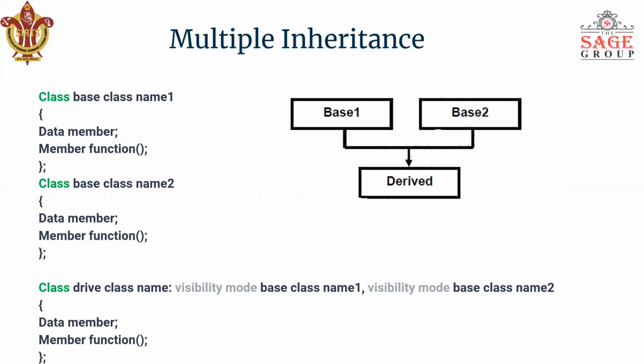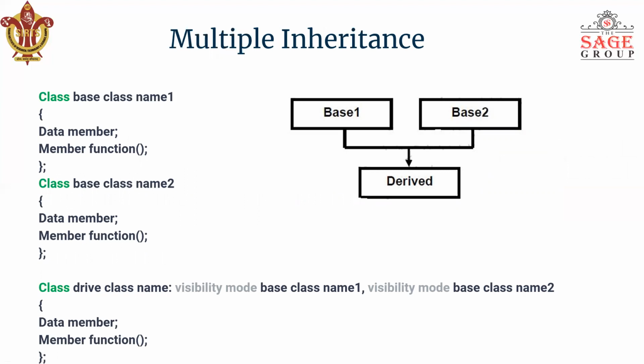Now if we talk about multiple inheritance, multiple inheritance means multiple base classes having a single derived class. Suppose in the syntax we create a class that is a base class, base class name 1.